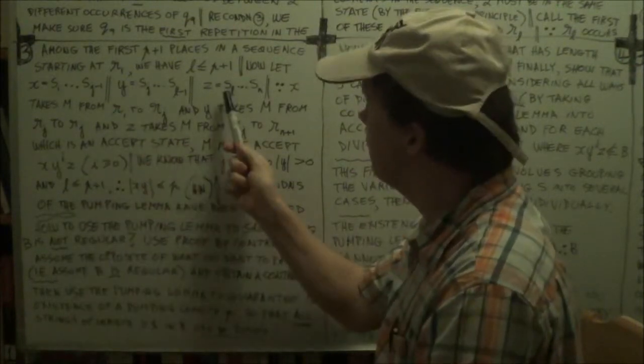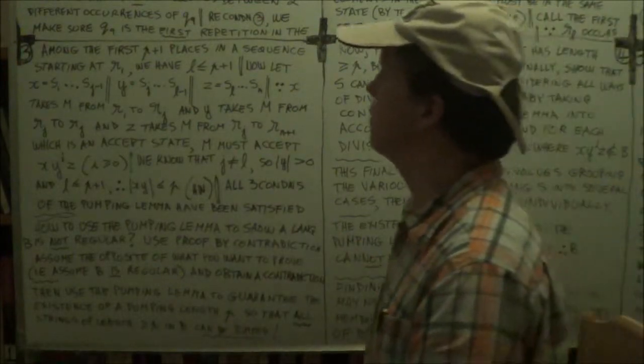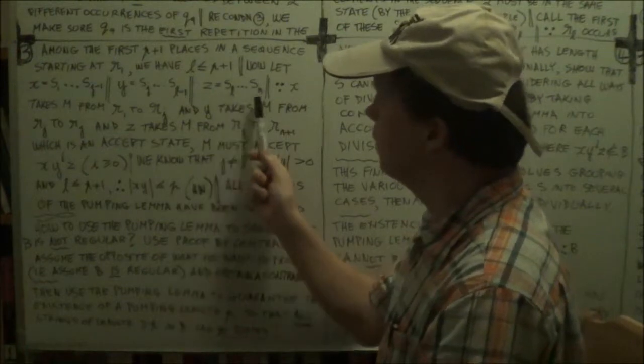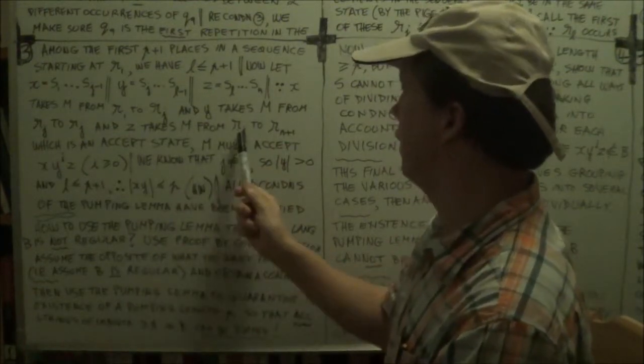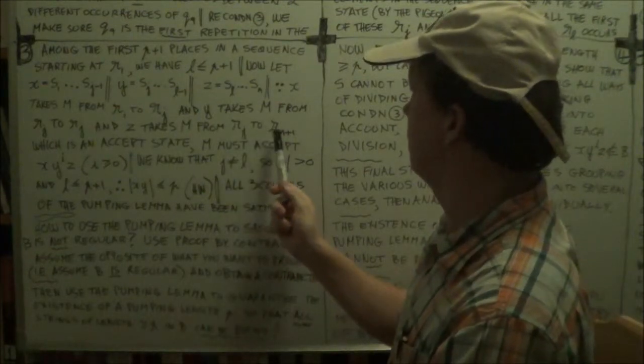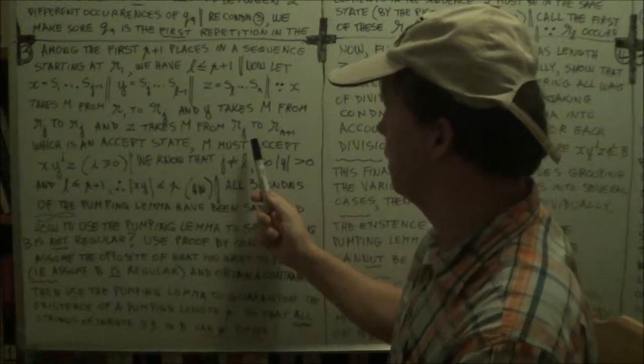And then the substring Z will take you from state Rj to Rn plus 1. What happened to L? Not mentioned.